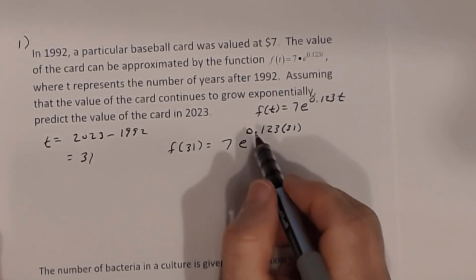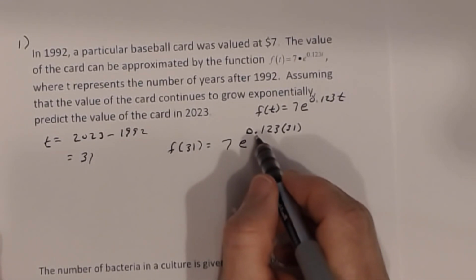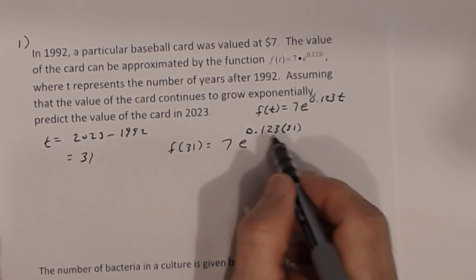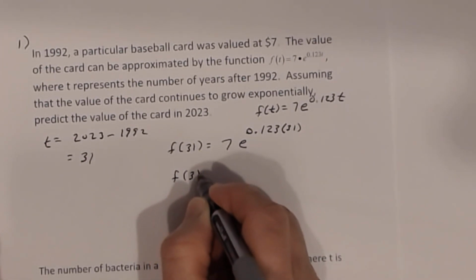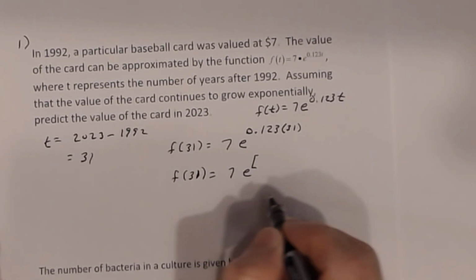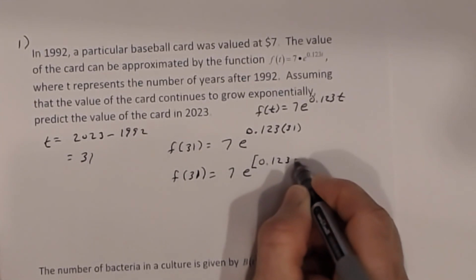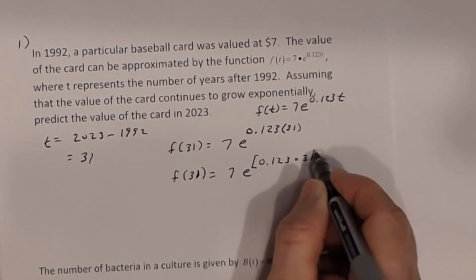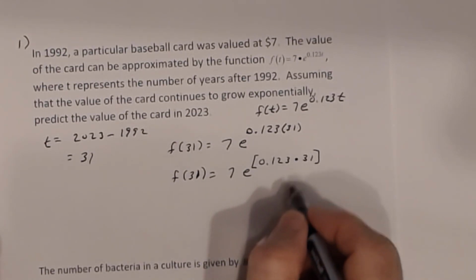So on your calculator, if you're going to type it in as you see it, then you need to do this. You're going to say f of 31 equals 7 times e, and put that in parentheses or brackets. 0.123 times 31. Okay? So that's how you can put that into your calculator.